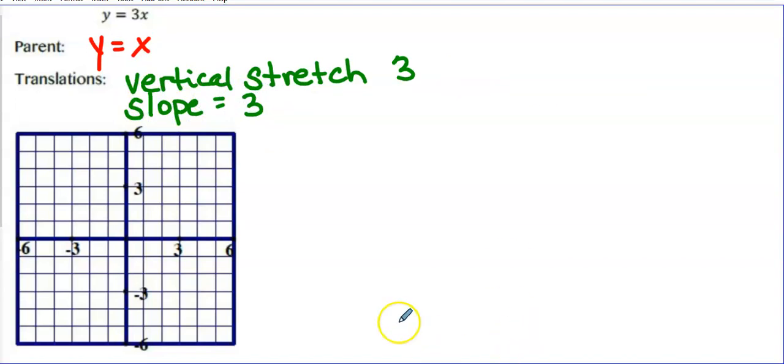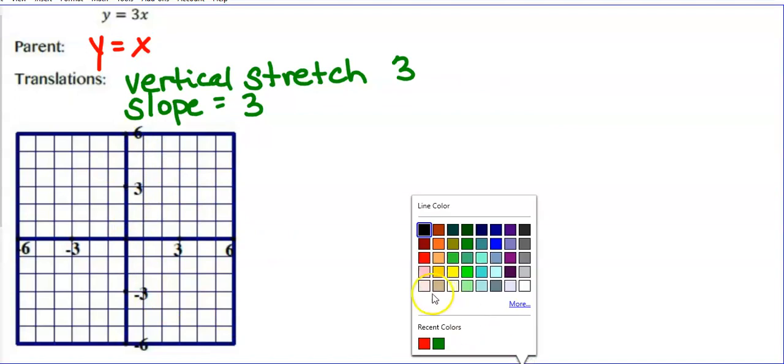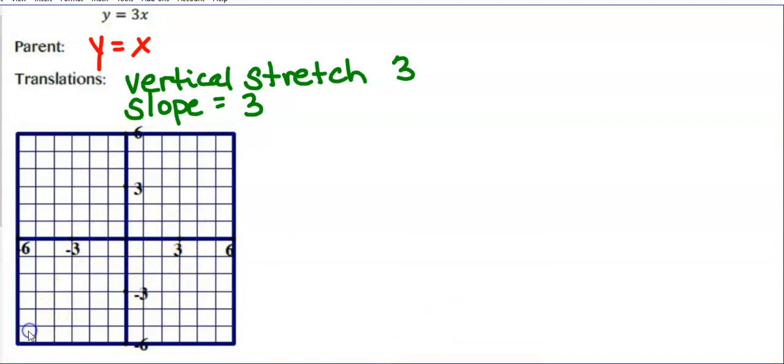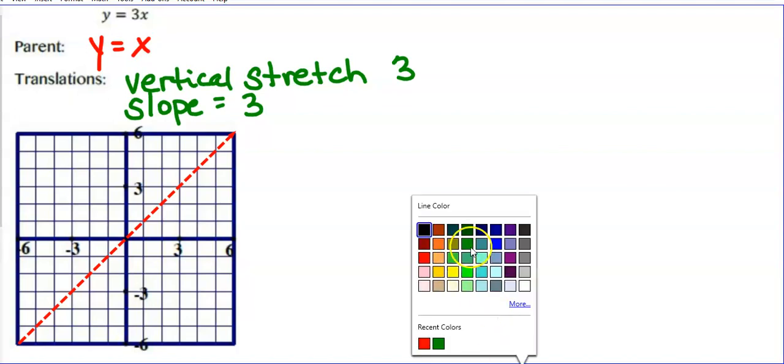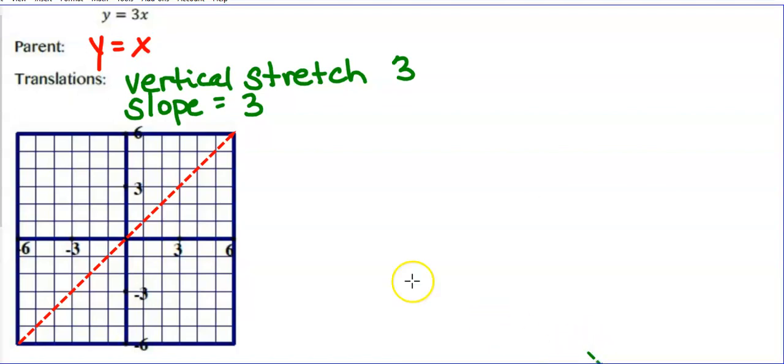All right, I'll use my line tool for this one because it's easier. There's the parent function. Then I'm going to go back to the green for my transformation. Let me draw some points.